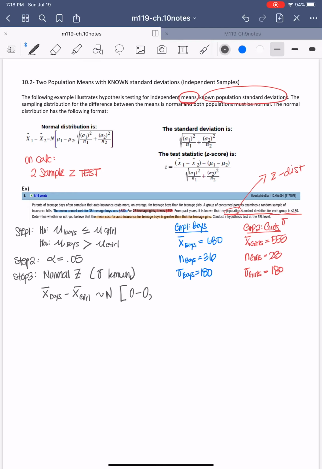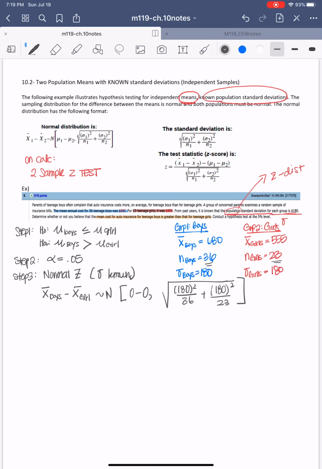And then we have the standard deviation. We know our standard deviation is 180 for each, so 180 squared. N1 is 36. N2 is 23.